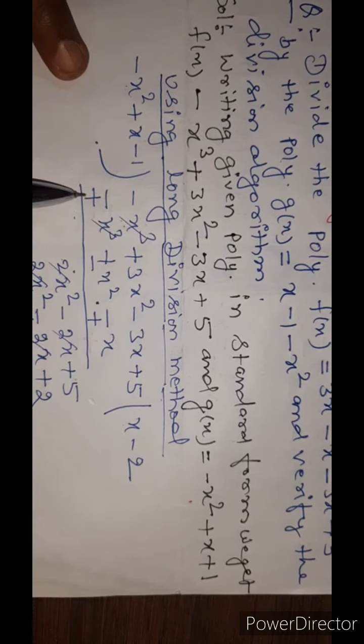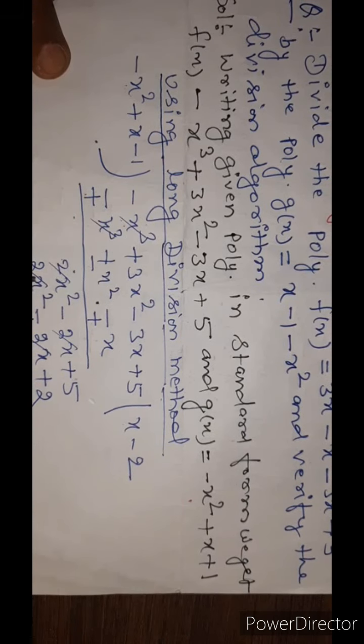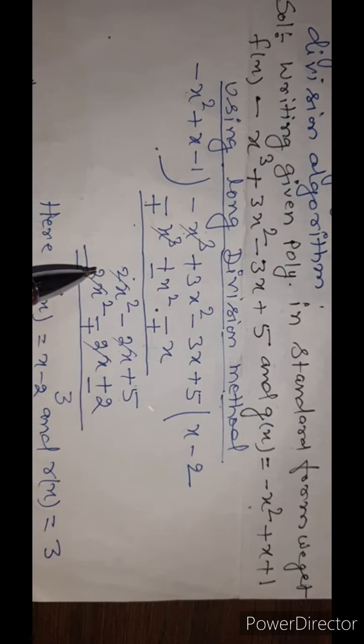Now here change the sign. Here will be plus, minus and plus. These two will be cancelled. After subtracting, this will be 2x square minus 2x plus 5. Again we will multiply by minus 2 into minus x square for getting 2x square. So look at here.